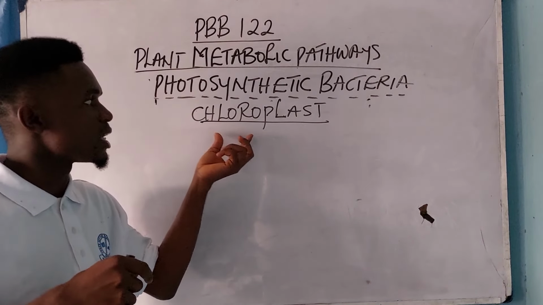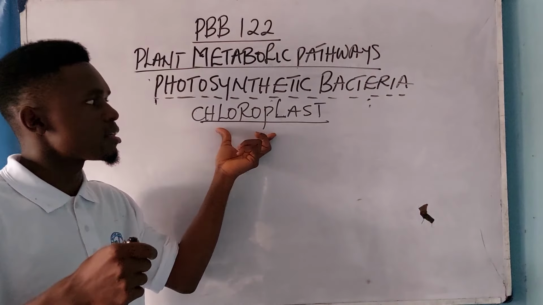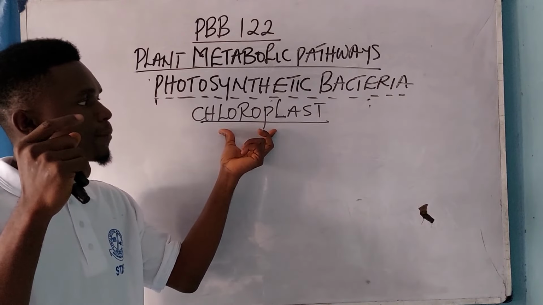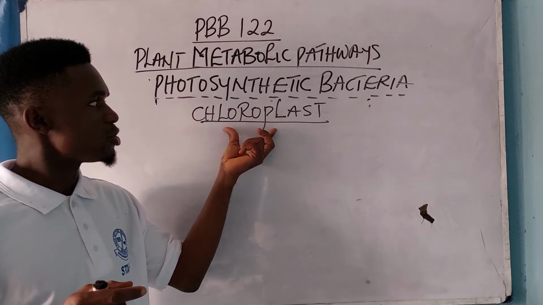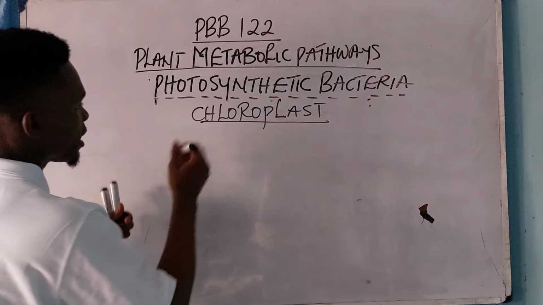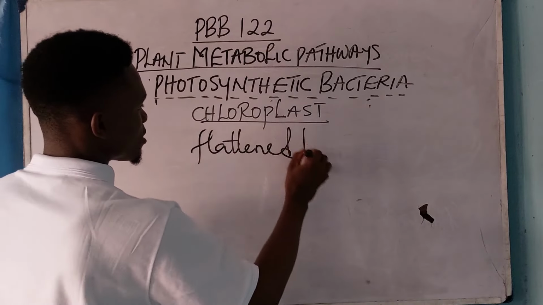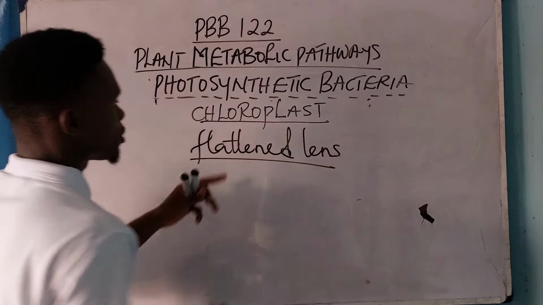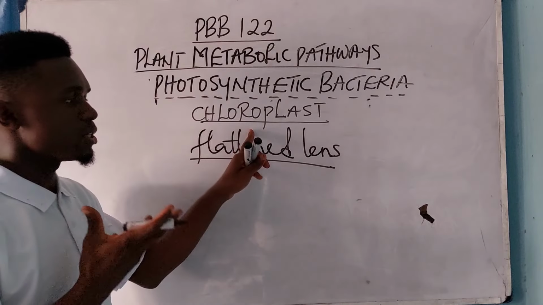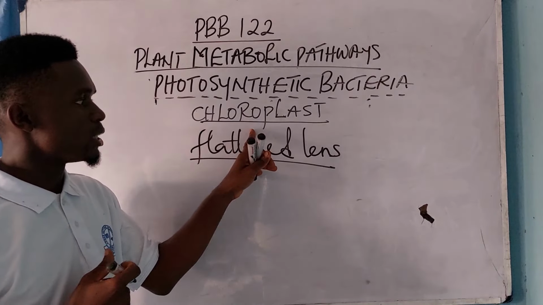The green pigment found inside the chloroplast is chlorophyll. Now, what is the shape of the chloroplast? The chloroplast is shaped like a flattened lens. Flattened lens. This is the shape of the chloroplast.